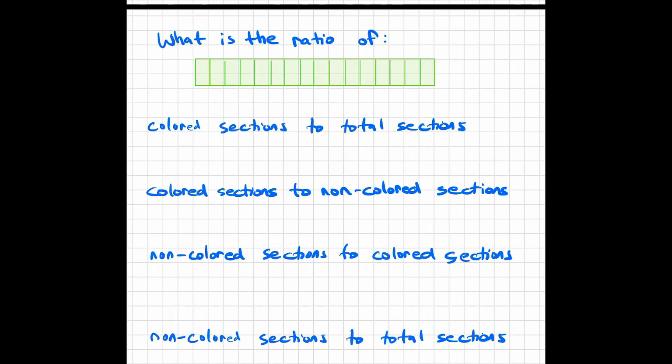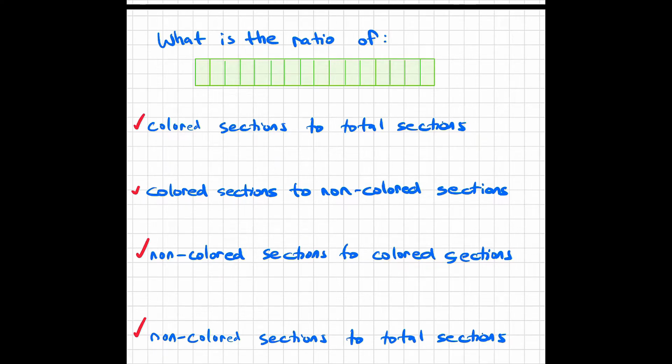Okay, let's take a look at another example, and it says, what is the ratio of, well, we've got 4 things to choose from down below. 1, 2, 3, 4. And we're going to use this diagram right here to answer those 4 questions. So it says colored sections to total sections.